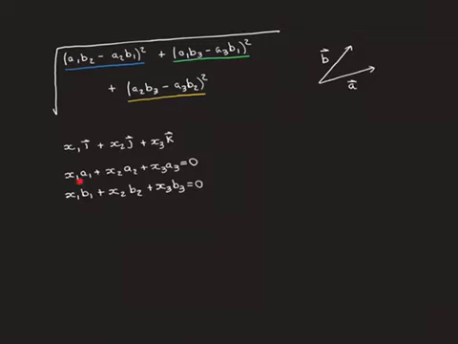So the formula for the dot product with A is going to be x1a1 plus x2a2 plus x3a3. So we can now say we want that to equal 0. So there's a linear equation that we want x1, x2, and x3 to obey. In addition, the dot product formula for this vector with B is going to give us x1b1 plus x2b2 plus x3b3, and we can also say that we want that to equal 0.